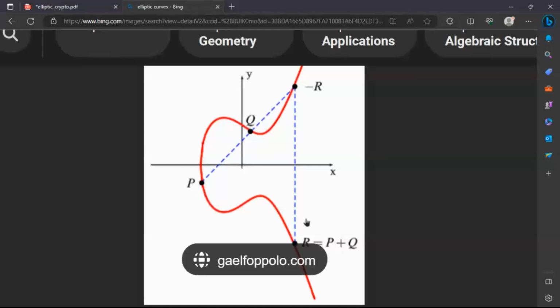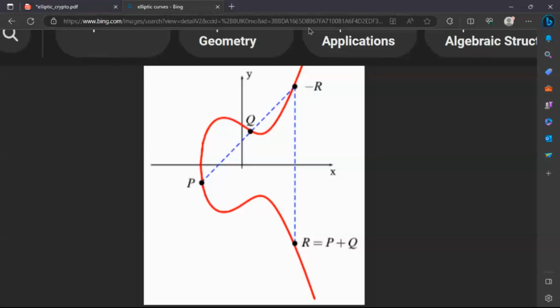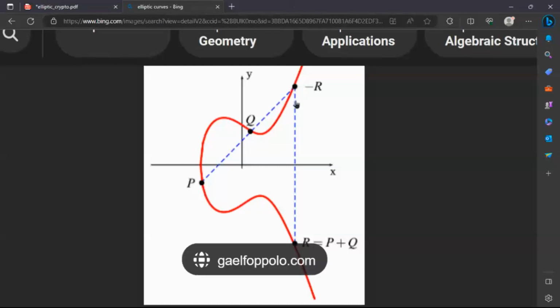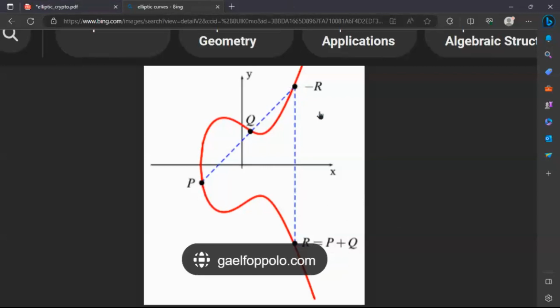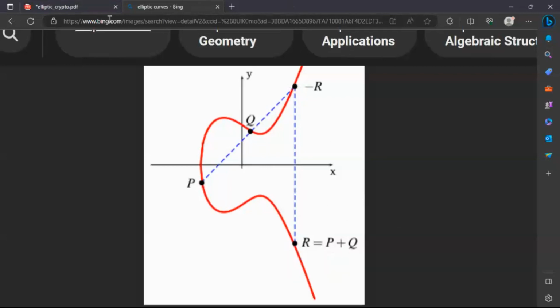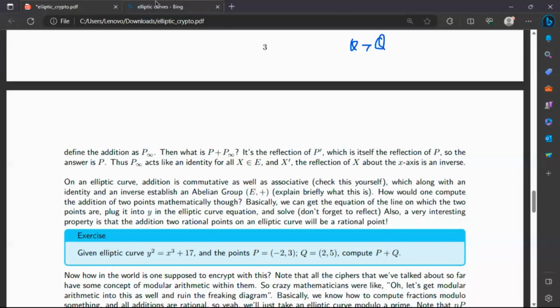And if we want R plus the point at infinity, the line intersects the elliptic curve at this point R dash, and the reflection of R dash about the x-axis is R. So R plus P infinity is R, P plus P infinity is P, Q plus P infinity is Q.